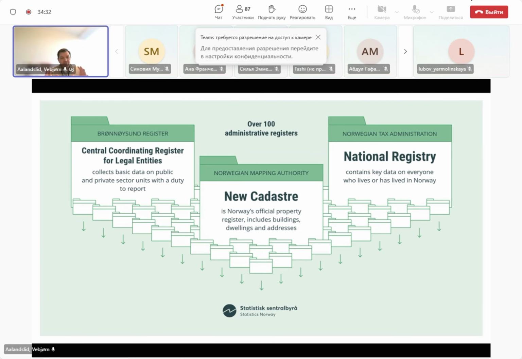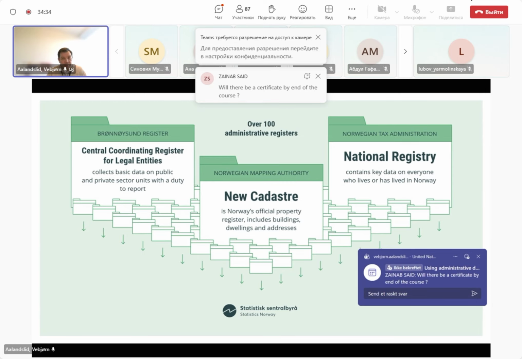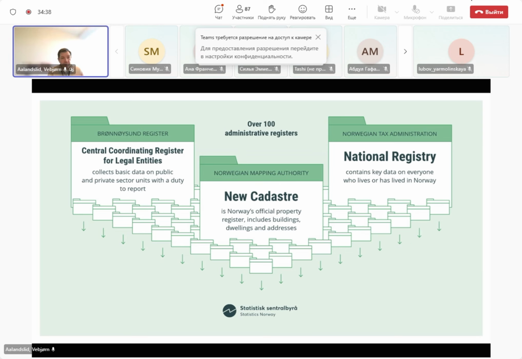We've tried to visualize it here, where you can see the business register in the left corner. It's called the Central Coordinating Register for Legal Entities, where all businesses in Norway, from the smallest to the largest, are gathered with a unique ID number.